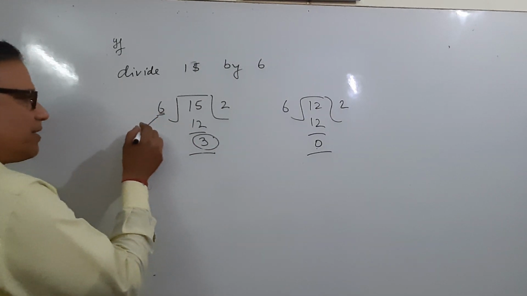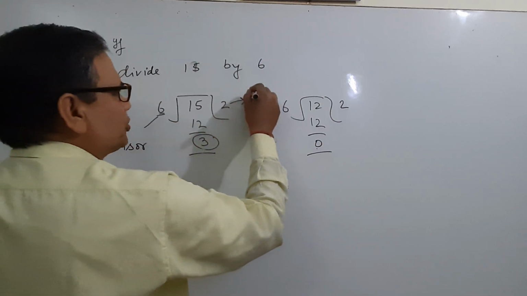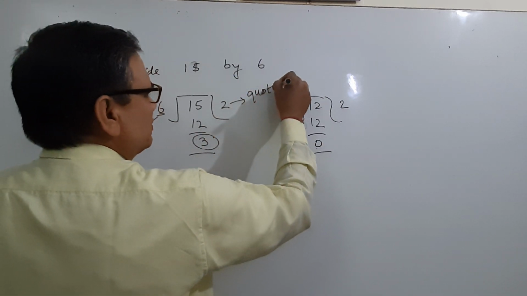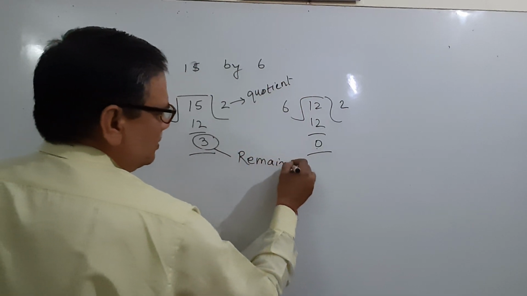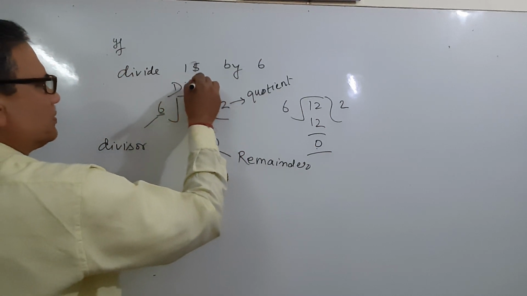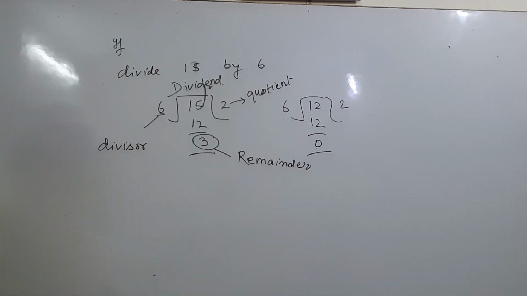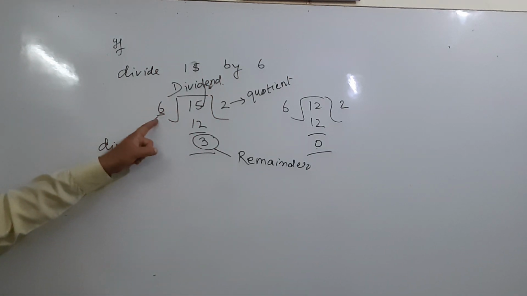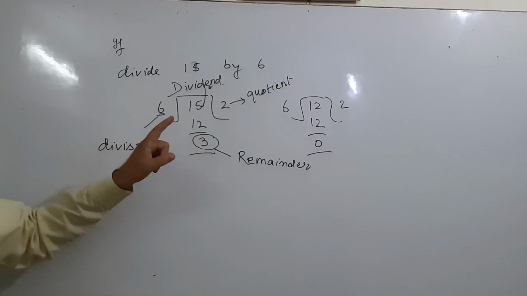Whereas 6 is the divisor, 2 is the quotient, this is the remainder, and this is the dividend. If the dividend is divided by the divisor, then we obtain two other values: one is the quotient, the other is the remainder.